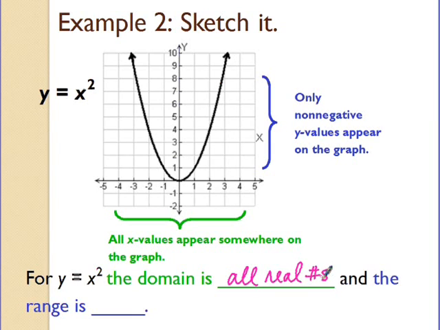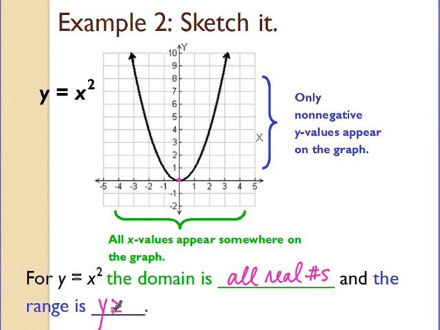But the range is not, because here's the bottom of the parabola at 0, y equals 0. And it goes up forever, but it does not continue down into the negatives. So that means we can write this as an inequality, another use for inequalities. And it's going to start at 0 and keep going up from there.